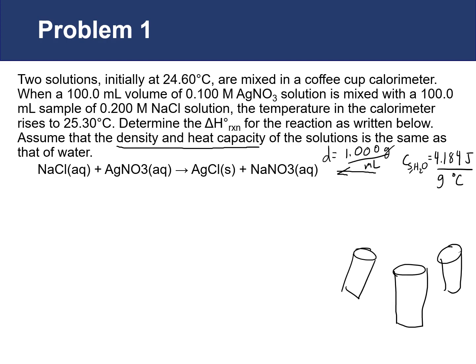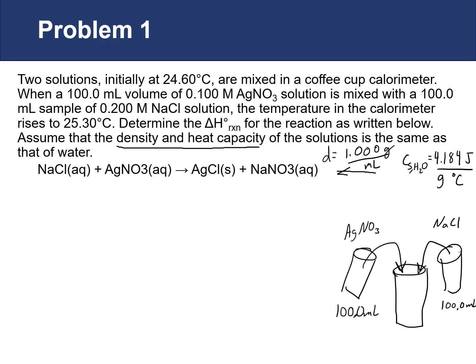One container is silver nitrate. It has 100.0 milliliters, and this is 100.0 milliliters of sodium chloride. Okay, so we are mixing both of them together.